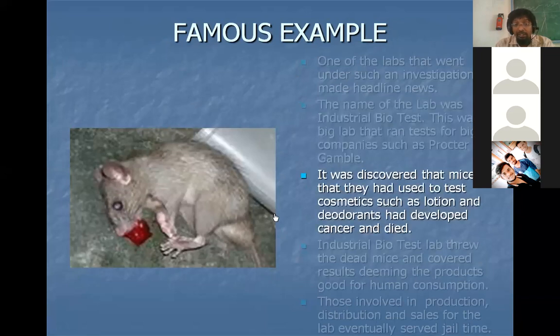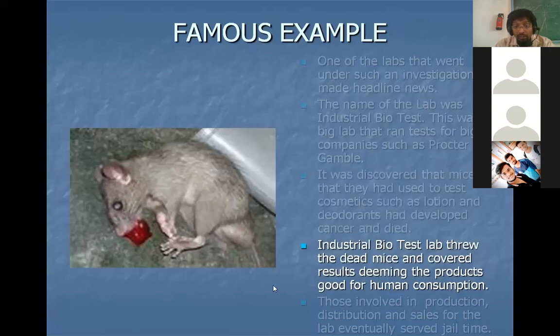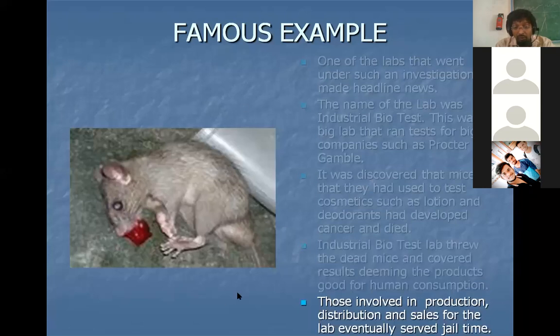It was discovered that mice they had used to test cosmetics such as lotion and deodorants had developed cancer and died. Industrial Biotest lab threw away the dead mice and covered up the results, deeming the product good for human consumption. Those involved in production, distribution, and sales for the lab eventually served jail time.